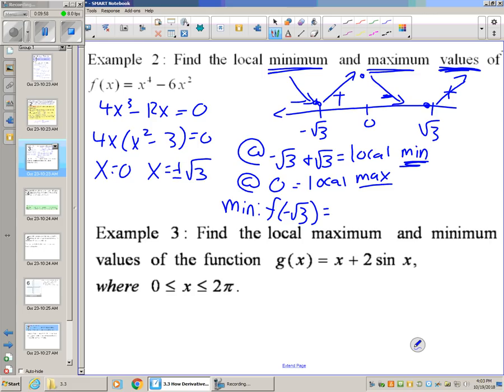You plug negative square root of 3 in, you get negative 9, which is the same thing if you were to plug in the positive square root. So that's our minimum value. Our maximum value is when we plug 0 into that. So our max would be when I do f of 0, which ends up being 0.